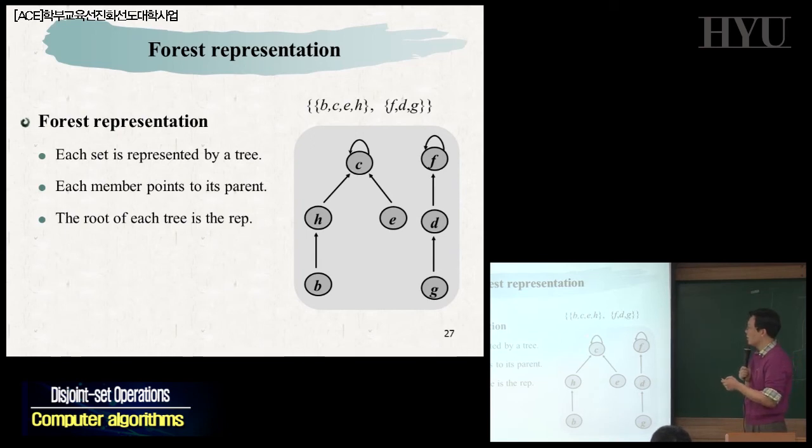Look at this. There are two sets, so we have two trees. And B, C, E, H are stored in this tree. Look at the direction. The children point to their parents, and the root points to itself.